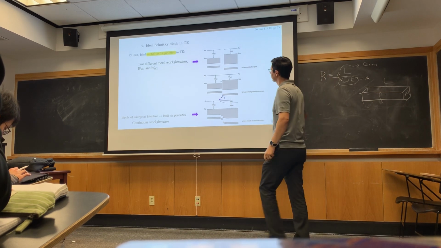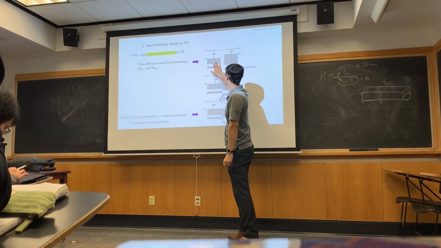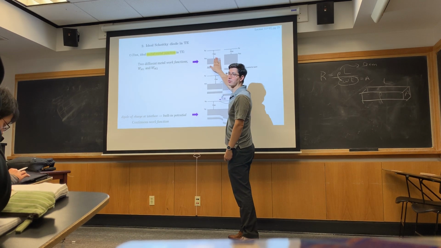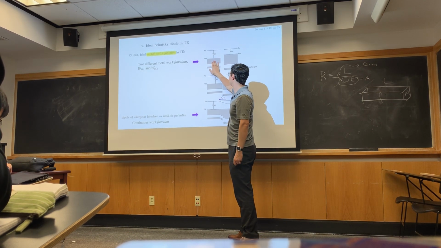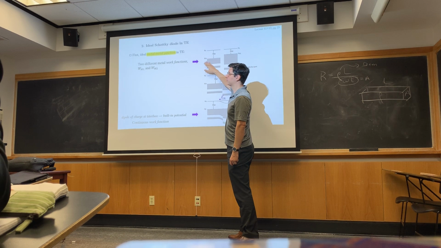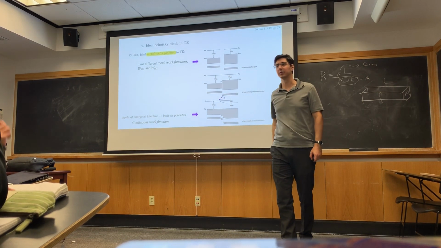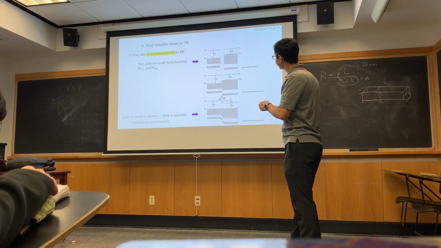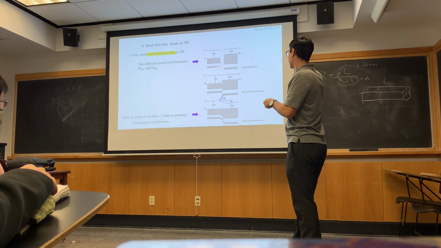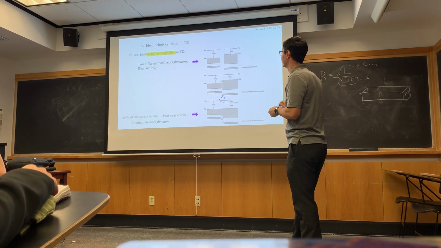Okay, these two metals, there are other bands that are filled or not. And remember, in a metal the band doesn't end right there. There are more states, but that's where the Fermi level is. The Fermi level is in a band in a metal. And there are other bands below it, but we don't really care about that, right?